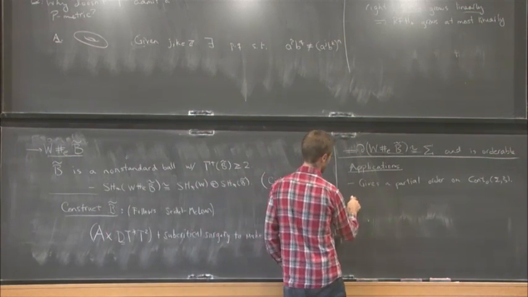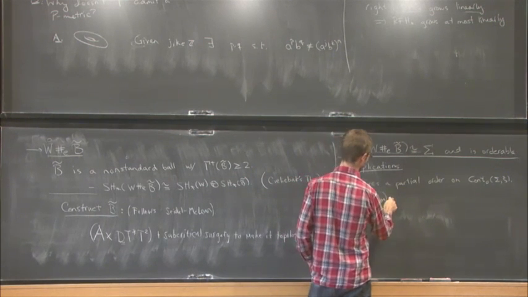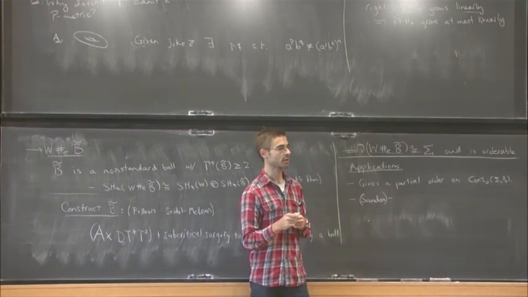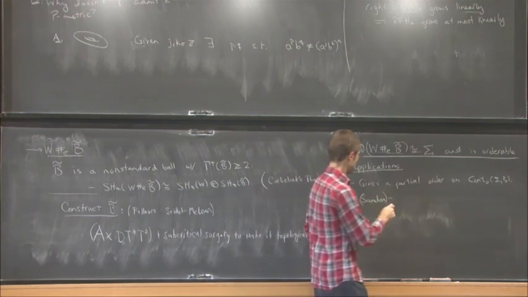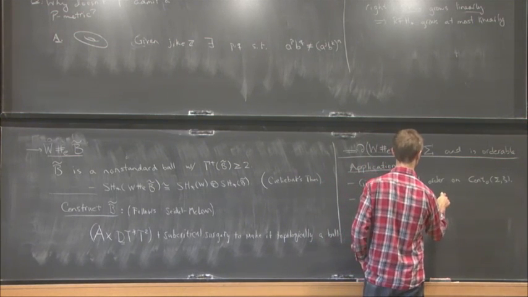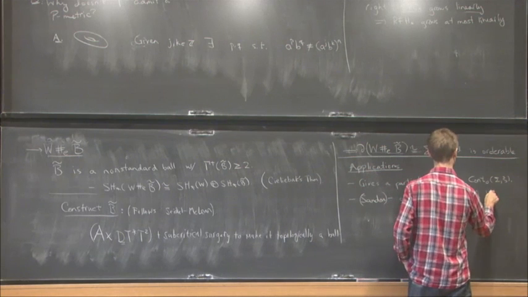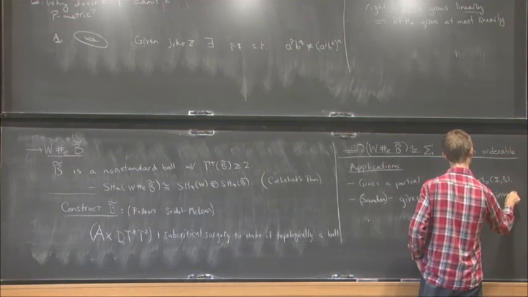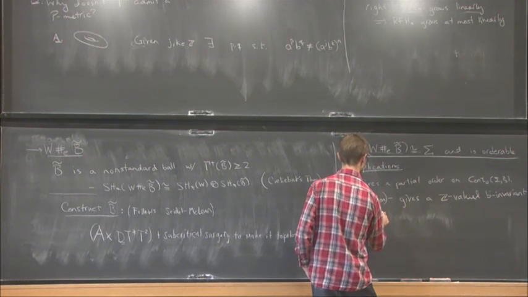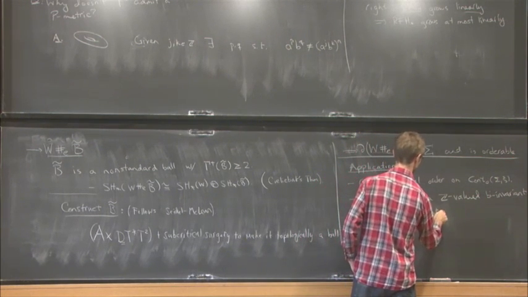And if you combine this with a result of Sandon, which uses orderability to get bi-invariant metrics on Cont 0 tilde, it gives a bi-invariant metric. So this is a Z-valued bi-invariant metric on Cont 0.